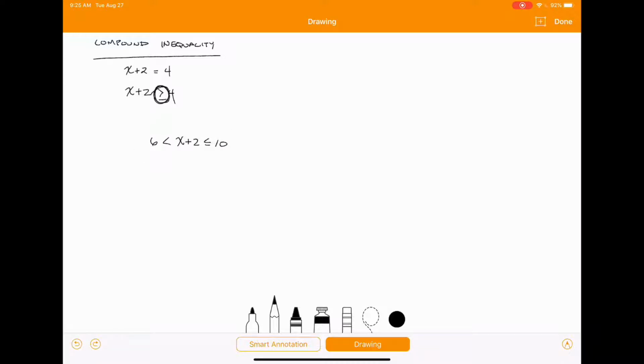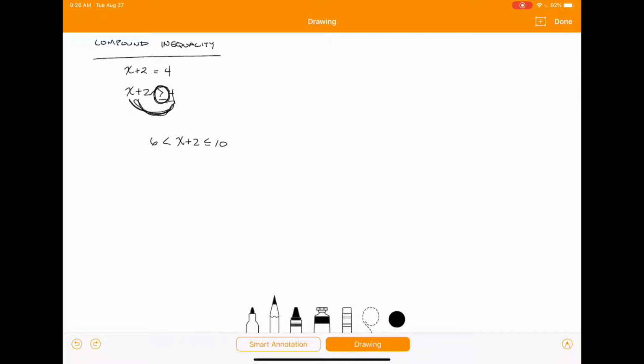So you're going to solve this just like you would any regular inequality, but anything that you do to the middle, you need to do to both sides. So whereas before we just had one side of our inequality, so if you would just do your operations to both sides, now we're going to do it to all three sections.